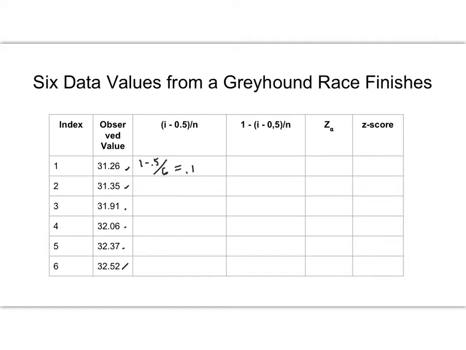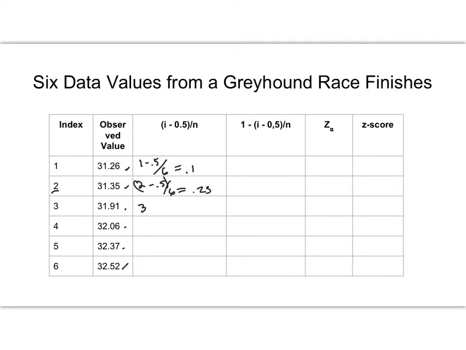Well, actually, it's 0.09, but for the purposes of this, we'll just call it 0.1. And then this next value would be 2, because that's my index here, 2 minus 0.5 divided by 6. And that gives me a value of 0.25.